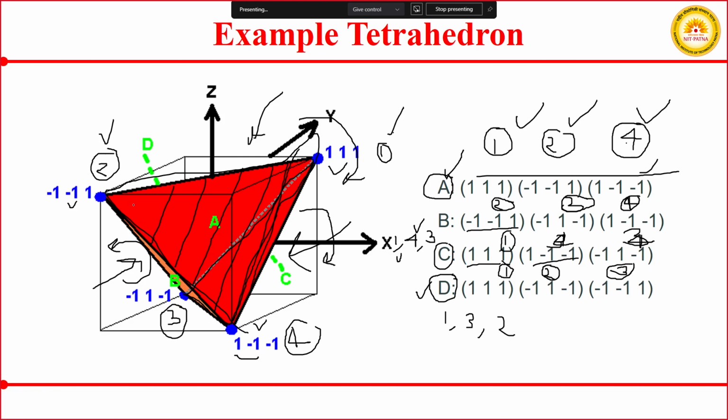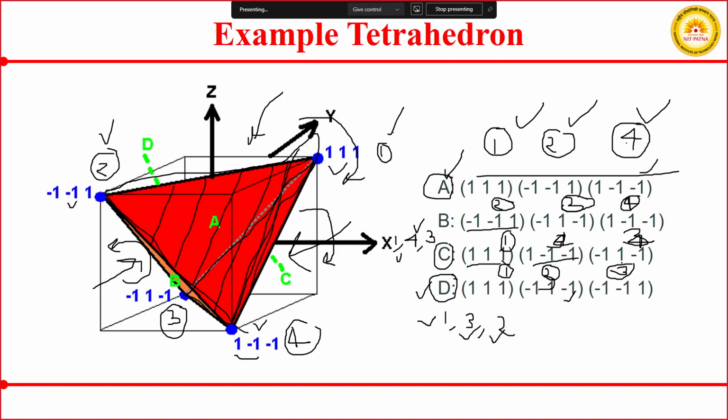Let us see how this triangle has been represented. The corresponding coordinates are, for vertex 1, 1, 1, 1, then corresponding to vertex 3 these are minus 1, 1, minus 1, right? And corresponding to vertex 2 these are minus 1, minus 1, 1.